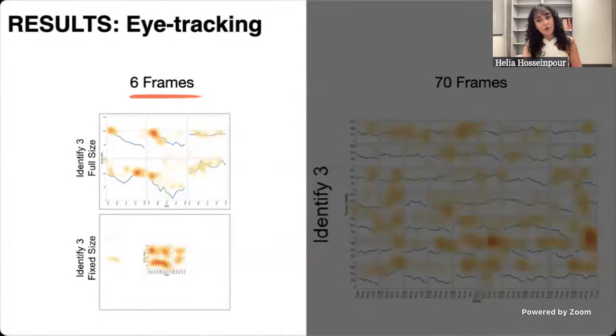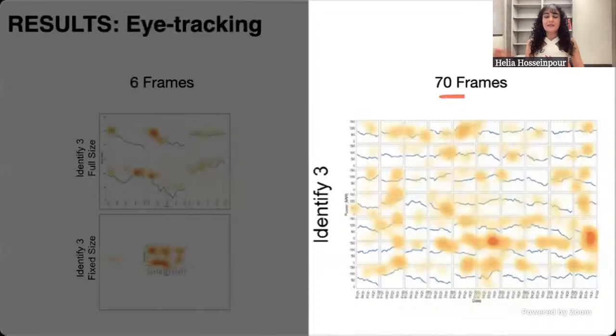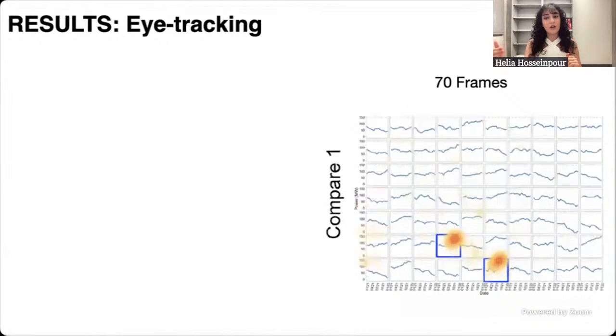But as frame quantities increased, the scan patterns became more scattered, indicating that participants had to search more broadly, which reduced accuracy. In contrast, the compare task with highlighted frames showed more focused gaze patterns on those specific portions, reinforcing the idea that visual search can be an important challenge in large arrays of frames.